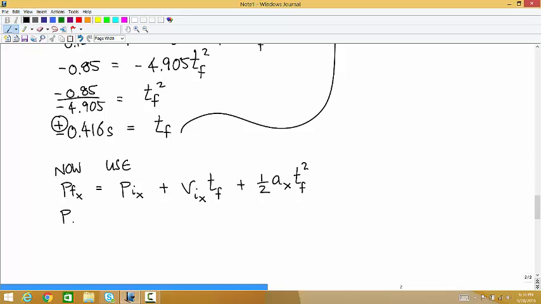So PFX is equal to 0 plus 5 times 0.416 plus 0 because AX is equal to 0. And so PFX is equal to 2.081 meters.